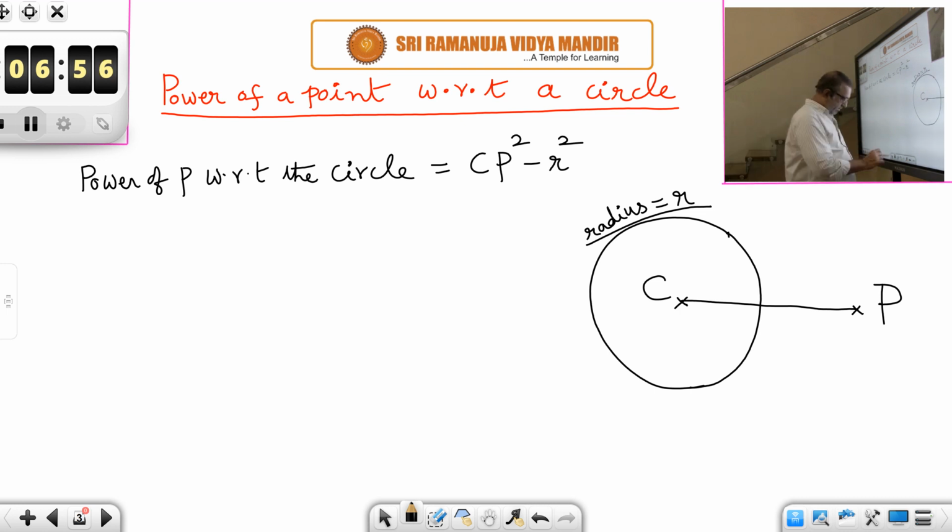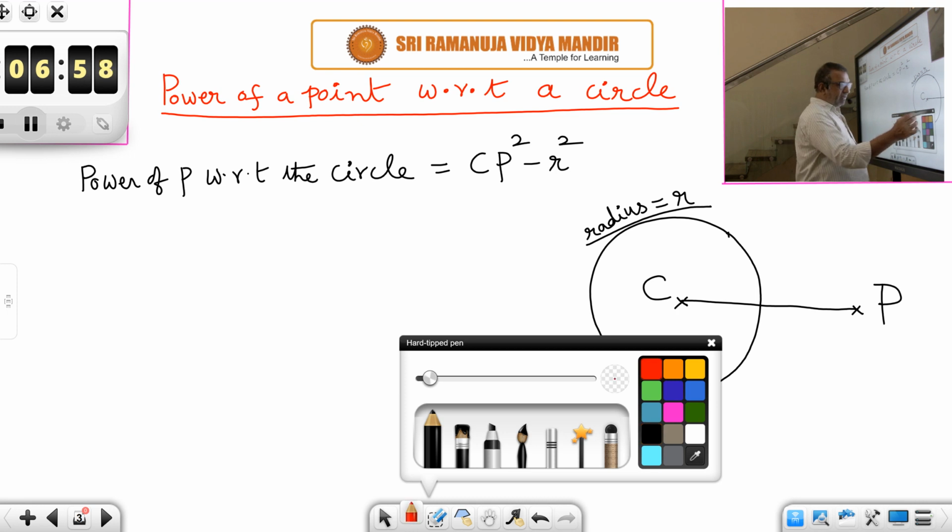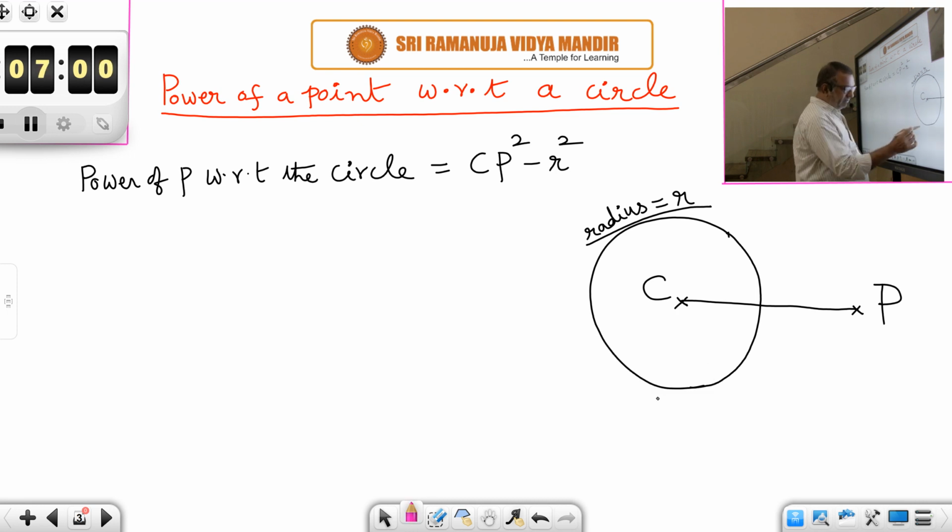Now suppose the equation of the circle is S equal to 0. What is meant by S equal to 0? I need not tell you every time. According to our notation, S equal to 0 means x square plus y square plus 2gx plus 2fy plus c is equal to 0. So simply we call it S equal to 0. Then what is the center of that circle?